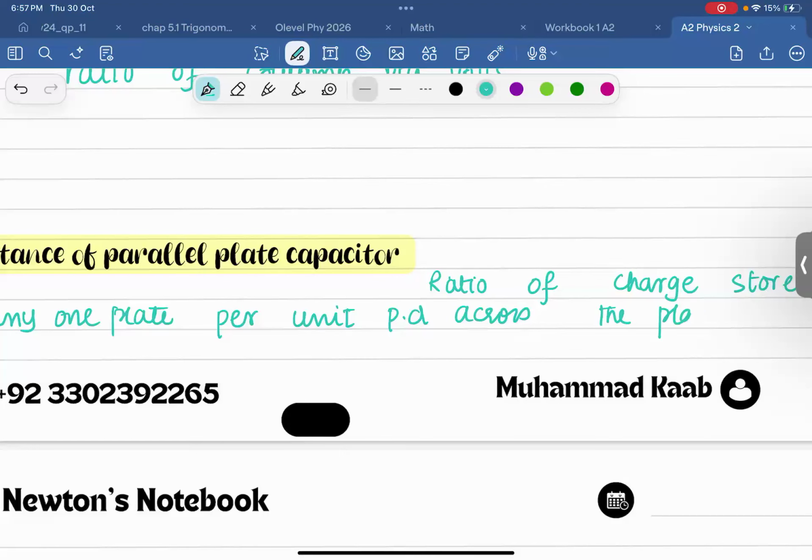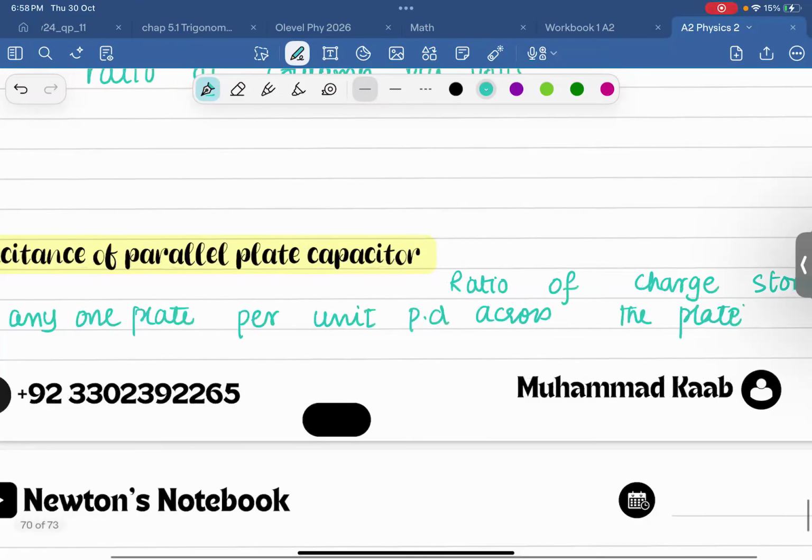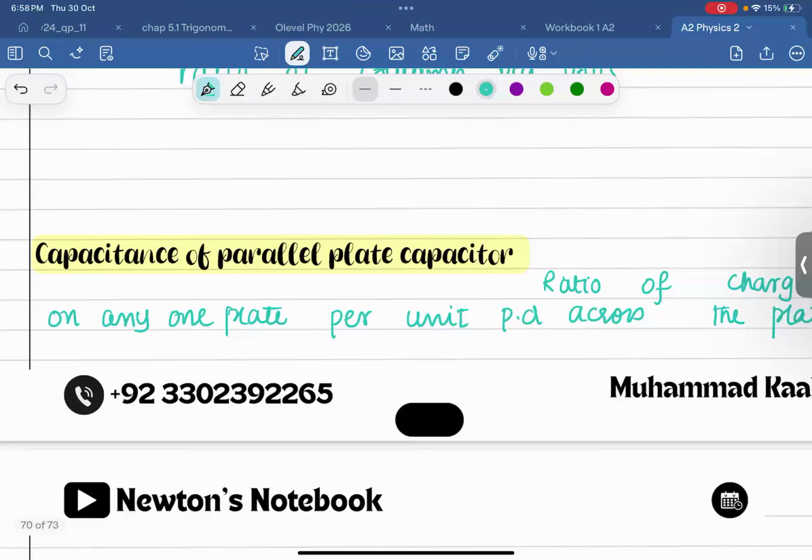Okay, so this is the definition for the capacitance of the parallel plate capacitor.